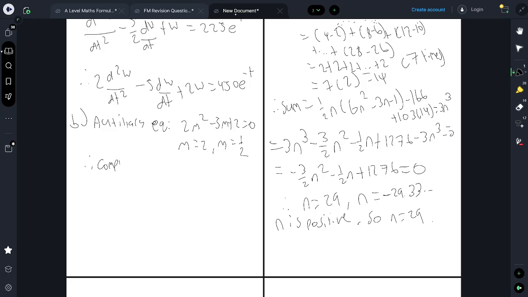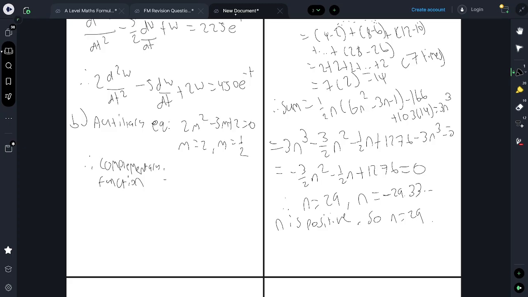So the complementary solution, or the complementary function, whichever way you call it, you could just call it CF or CS, whatever you prefer.